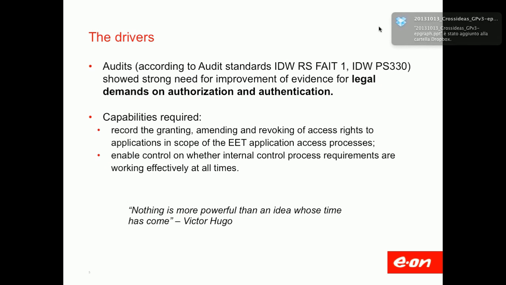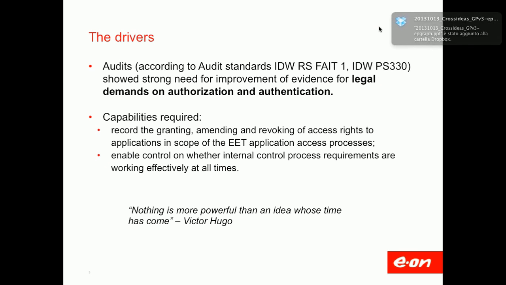And the second thing, which is a very close tie to the internal control system, is the ability to monitor whether the control processes, and the controls embedded in the processes, are working effectively and efficiently at all times.